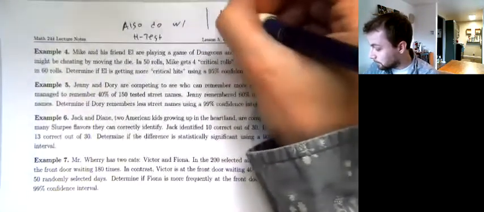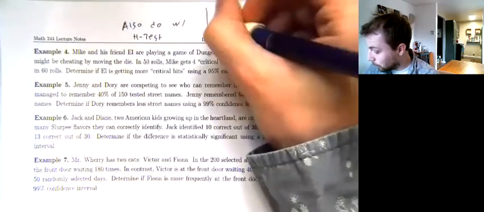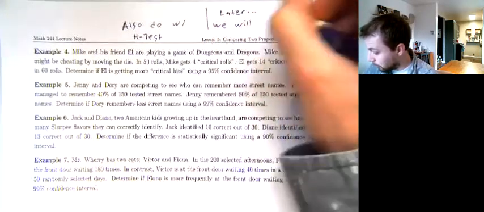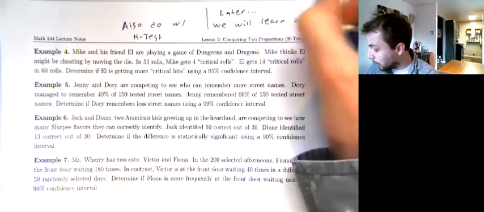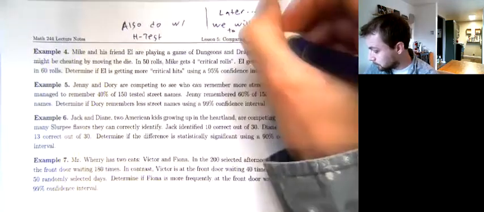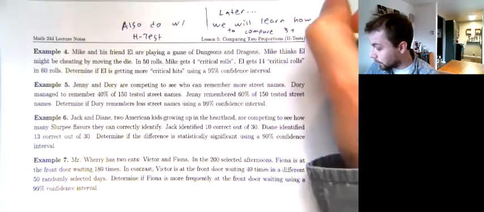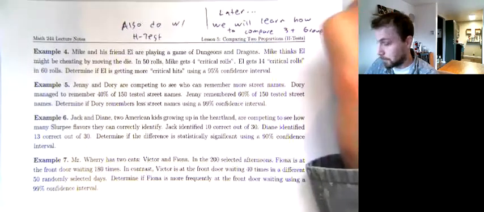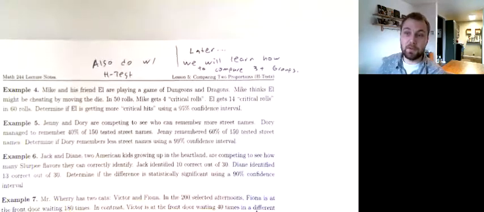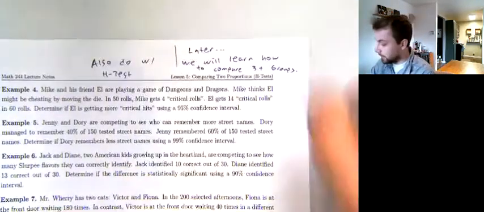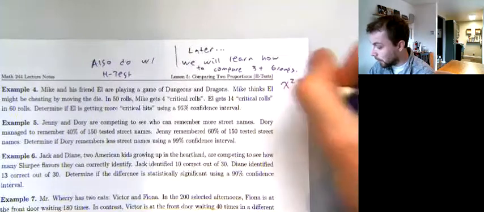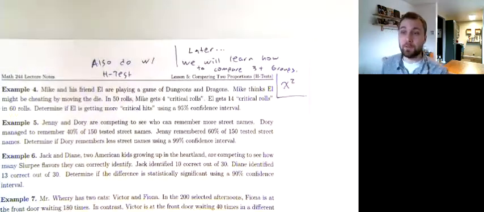So later, we will learn how to compare 3 or more groups. And the interesting thing is when we learn how to compare 3 or more groups, this is going to be something called chi-squared. Chi-squared will still work for comparing 2 groups, but it's strictly a test.